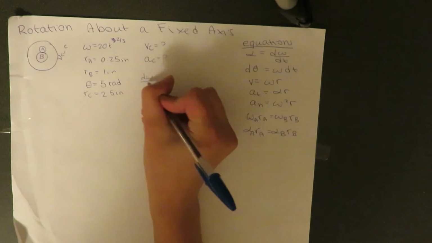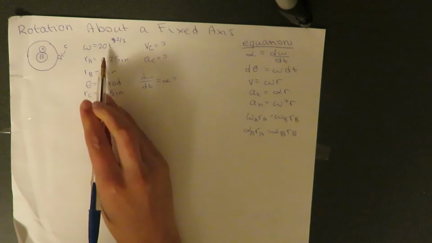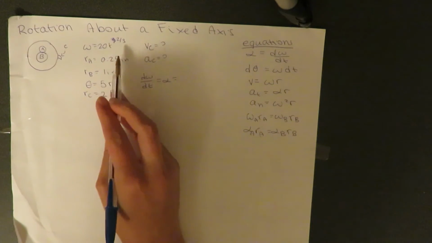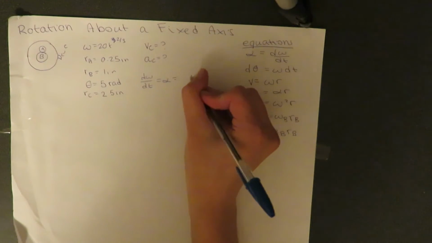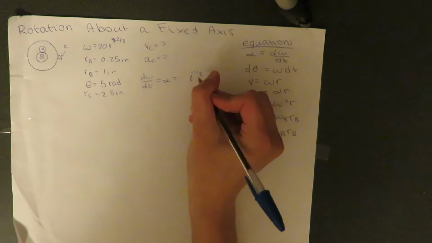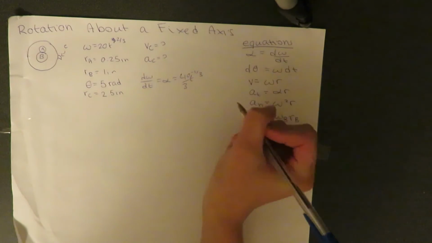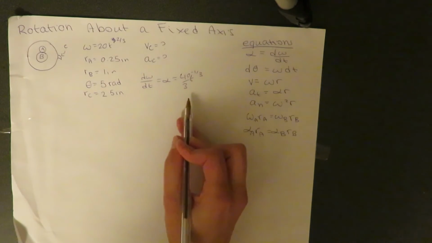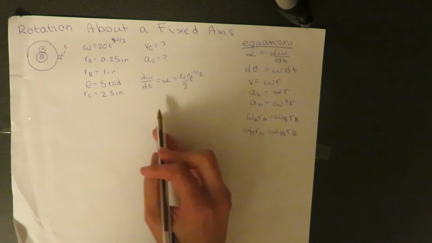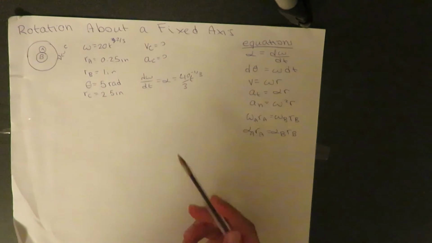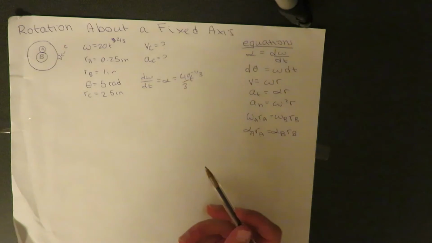So d omega dt equals alpha, and the derivative of 20 t to the 2/3 is equal to t to the negative 1/3 times 40/3. Okay, so now we have alpha, and one thing that we don't have, that both omega and alpha are dependent on, is time.